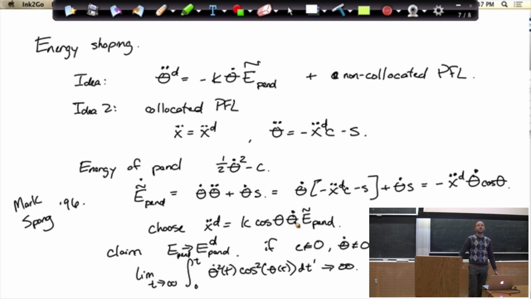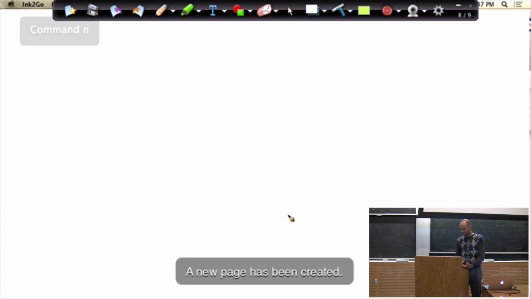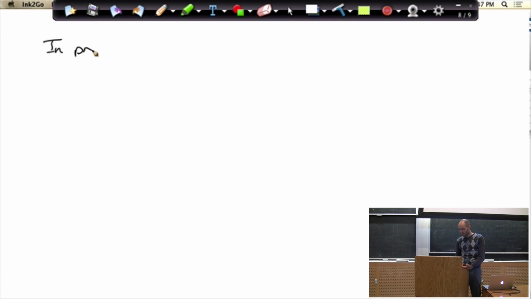Now the actual controller you'd want to run on the pendulum: this thing stabilizes the pendulum, but not the cart. So we've promised that this thing's going to go up, but it could be that our cart goes off to the side and just walks away. So in practice, you might do a little bit more. In fact, one of the other advantages of using that partial feedback linearization on x double dot is that in practice we can just say x double dot desired is now k cosine theta, theta dot, e tilde pendulum.